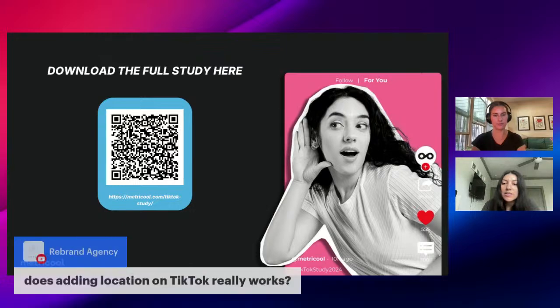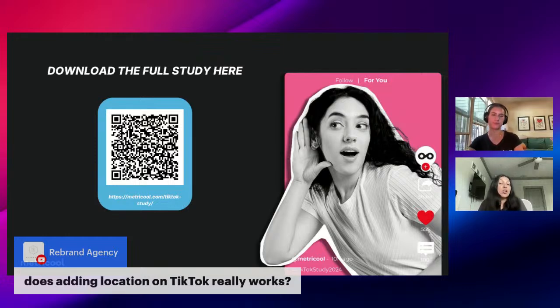We have this one that says, "Does adding location on TikTok really work?" Yes, it does work, but again, it's one of those things where you will need to test. There are people who search based off of location, especially if you're creating location based content. Like, let's say you're a travel creator, or maybe you're a local business and you really want people who are searching up about the town that you're in to find your content.